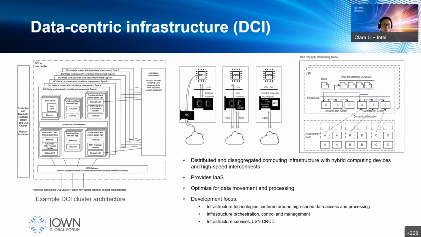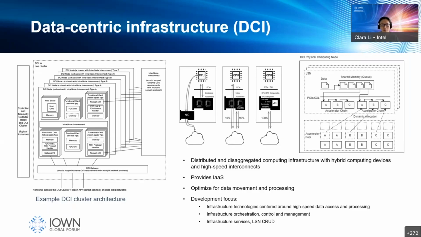And each DCI node is comprised of disaggregated computing devices of various types and the intra-node interconnect, which connects the different computing devices. Across the different DCI nodes, there is an inter-node interconnect, which provides high-speed interconnect for the different DCI nodes.